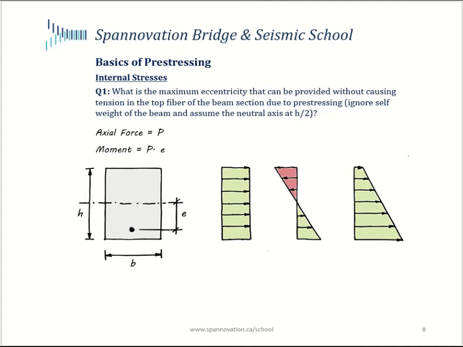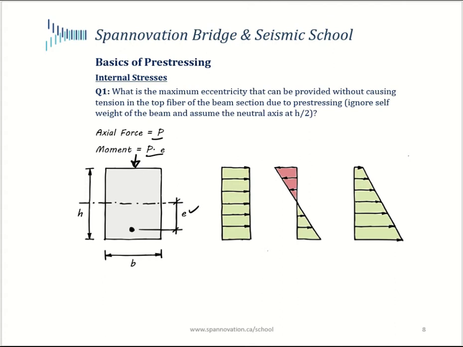So in order to do that, let's focus on the top fiber of this beam. Just focus right here. And we know that the force effects from prestressing are an axial force acting at the neutral axis and a moment, which is the axial force times an eccentricity e. So as we've done previously, let's develop the stresses due to these force effects in the top fiber.